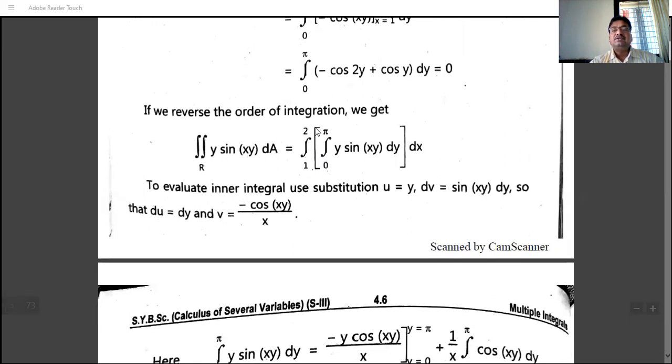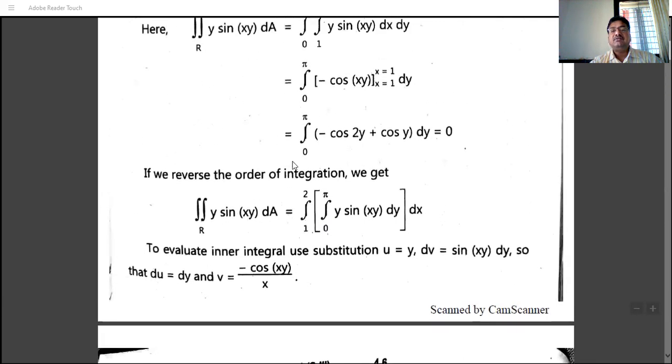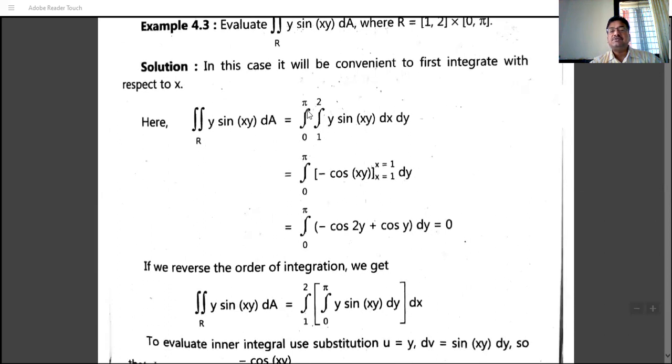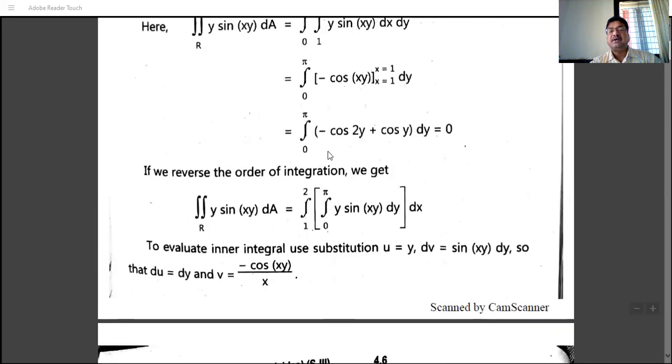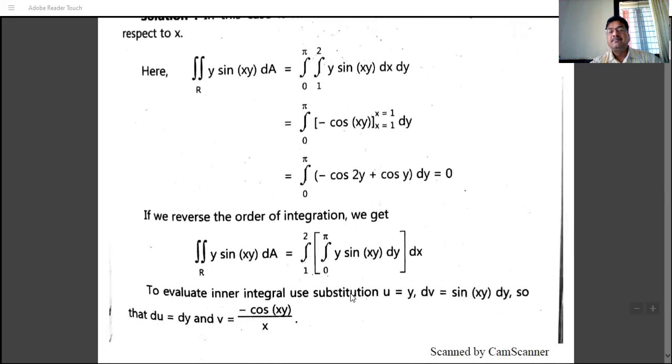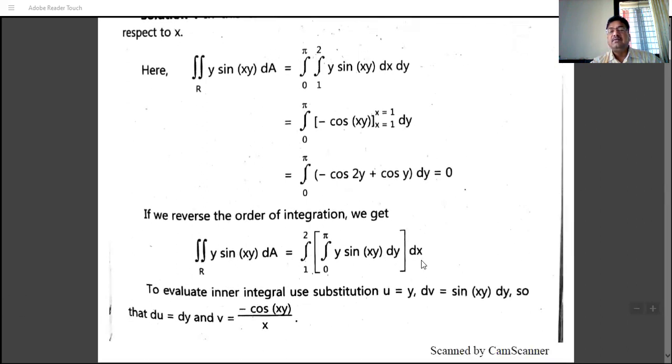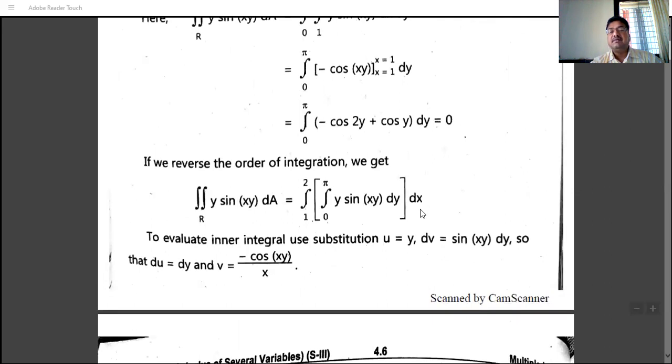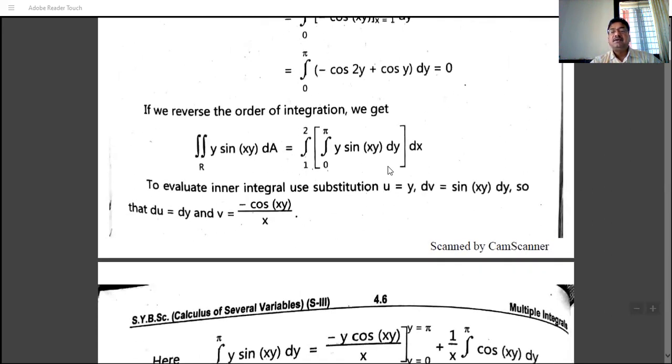If we reverse the order of integration, we can also integrate with respect to y first and then with respect to x. That is, x from 1 to 2, outside the bracket y from 0 to pi, y sine xy dy dx. So integration with respect to y first.